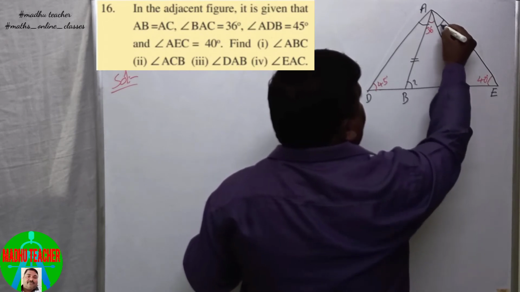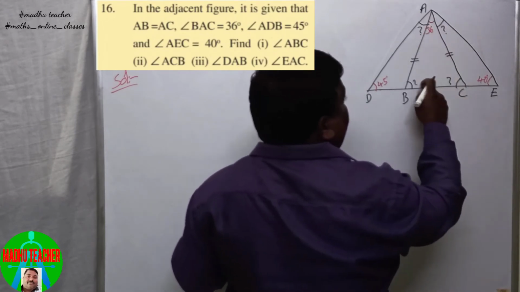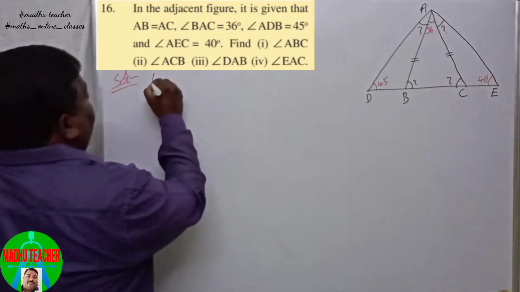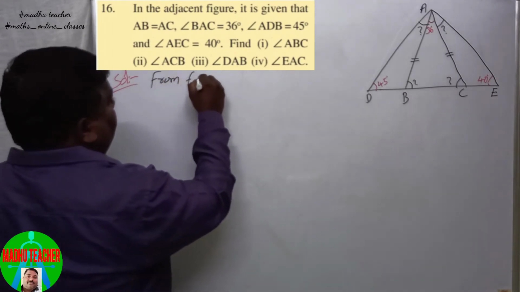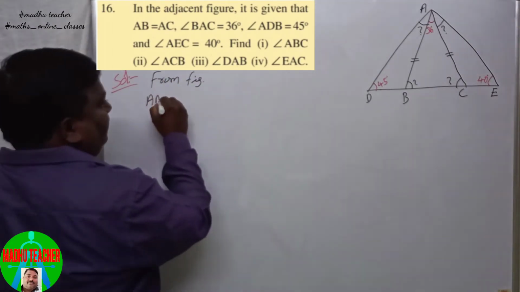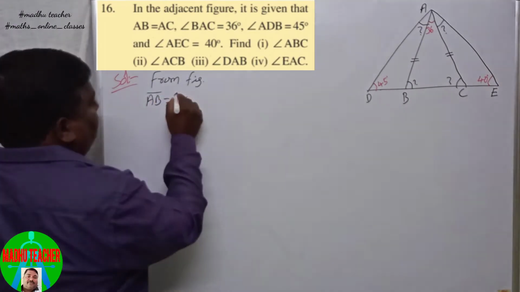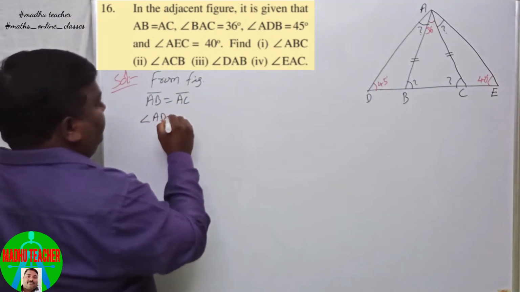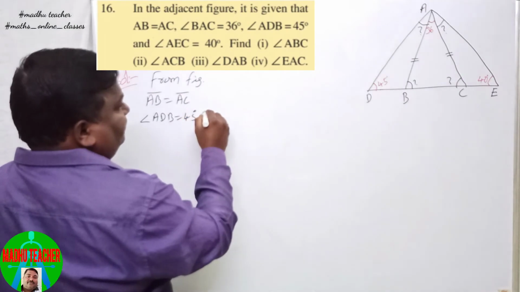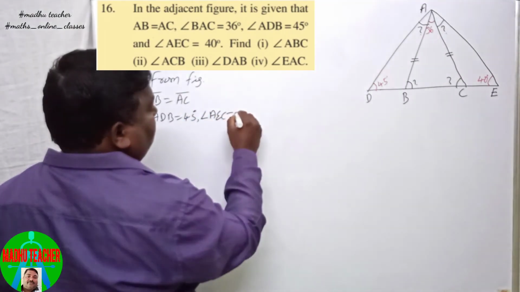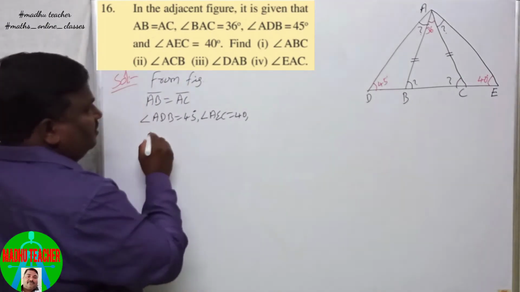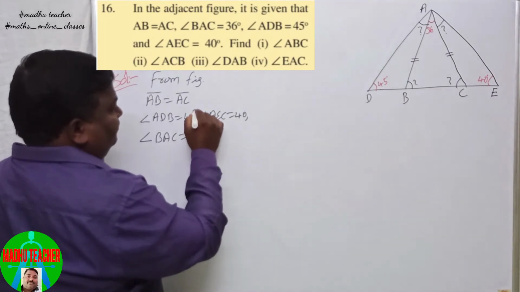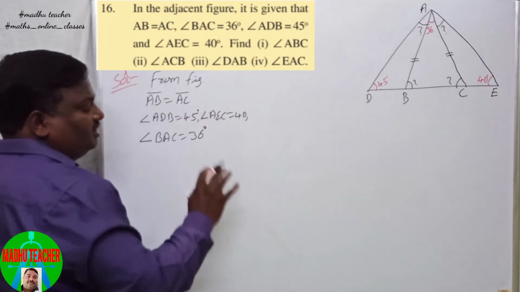These four we are going to find. Let us see the given from the figure. AB equals AC. These two are equal. Angle ADB equals 45 degrees. Angle AEC equals 40 degrees. Angle BAC equals 36 degrees.